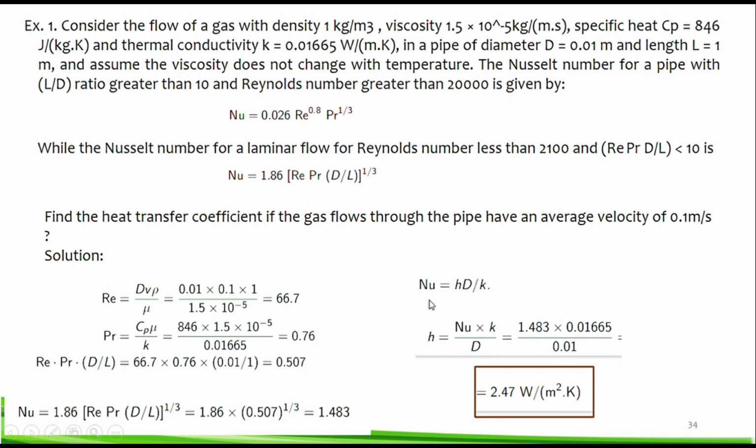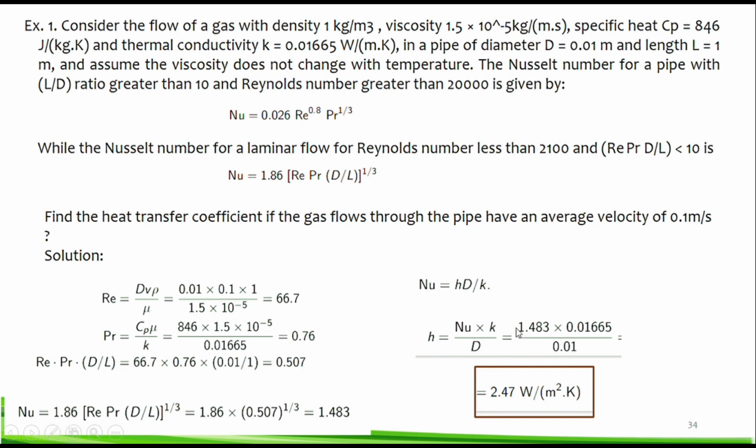Since we need to find the heat transfer coefficient, we use this equation: Nusselt number equals heat transfer coefficient multiplied by the diameter over the thermal conductivity. We can rearrange it so that the heat transfer coefficient equals the Nusselt number multiplied by the thermal conductivity over the diameter.